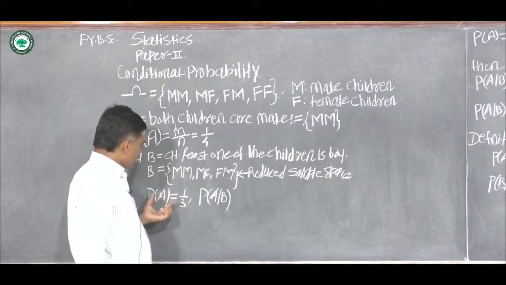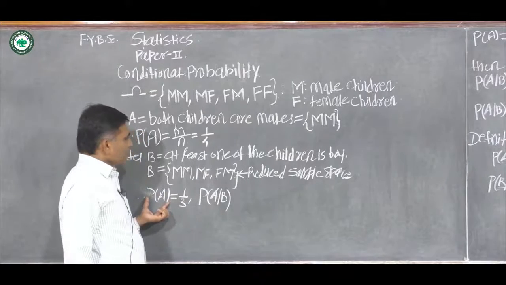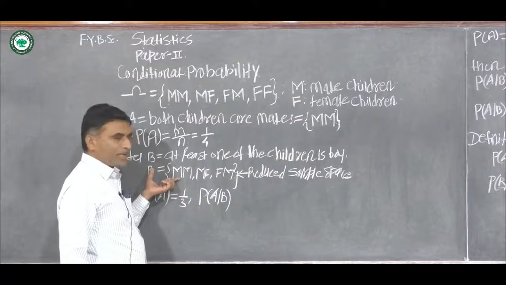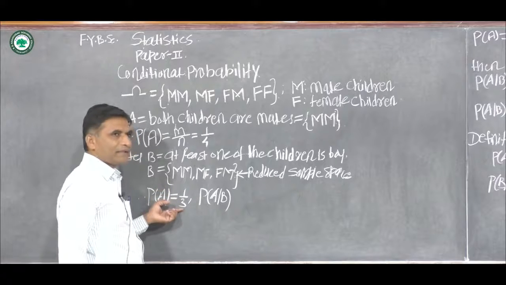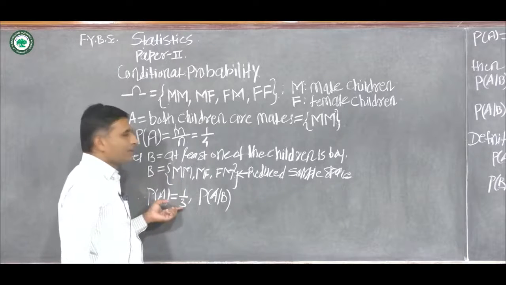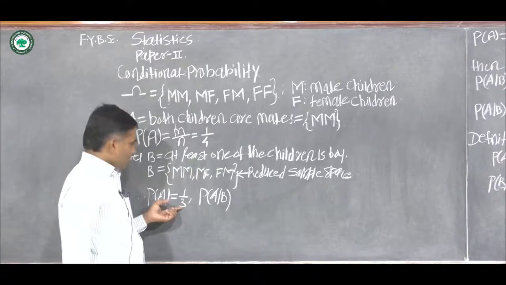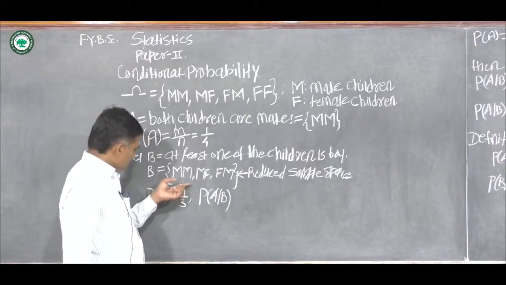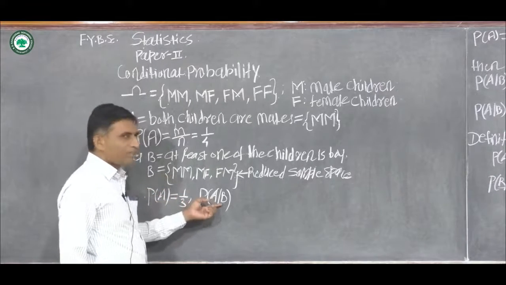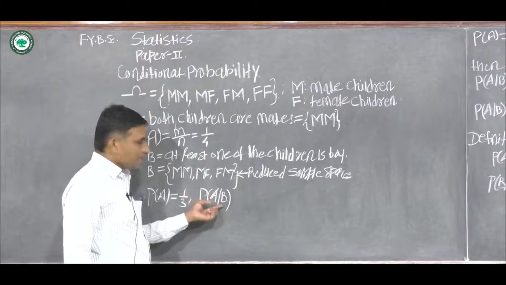Therefore, the probability of event A based on the reduced sample space is equal to 1 by 3, and this probability is called the conditional probability, denoted by the probability of A given B.